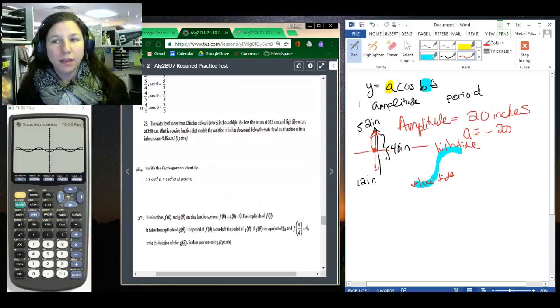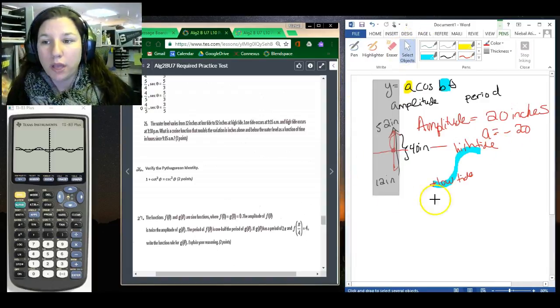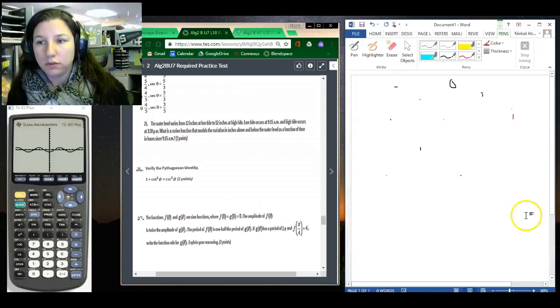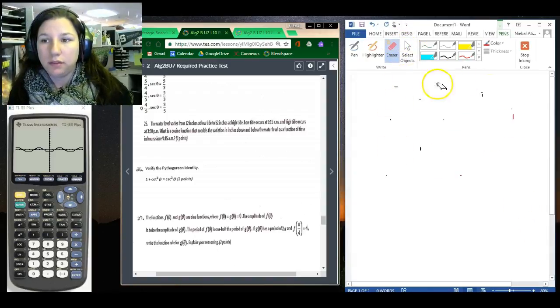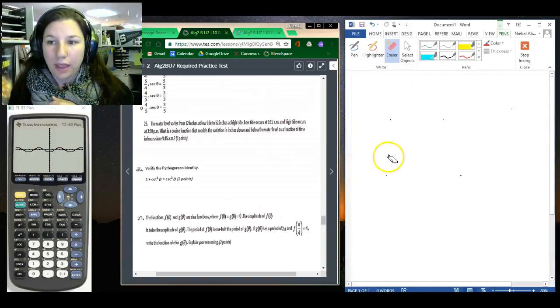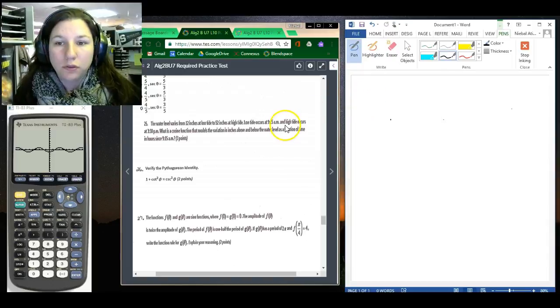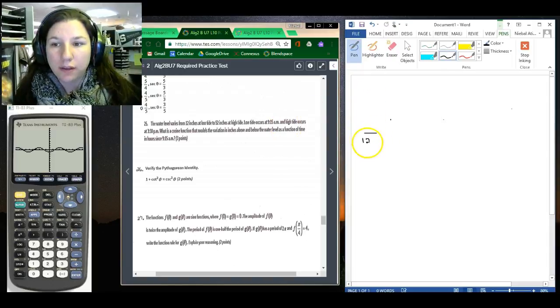All right, now let's work on finding the period. So your period is 1 cycle. So the amount of time it takes from getting from this point back to this point. And in this example, they gave it to us in measurements of time. So we have low tide at 12 inches, high tide at 52 inches.